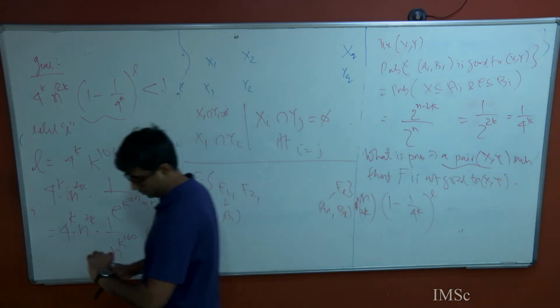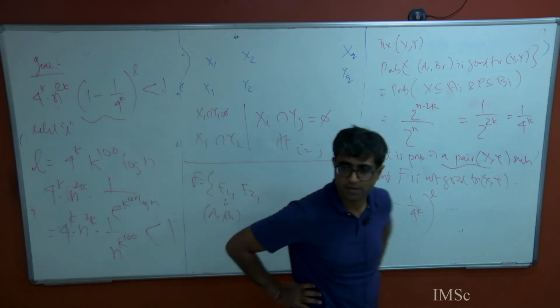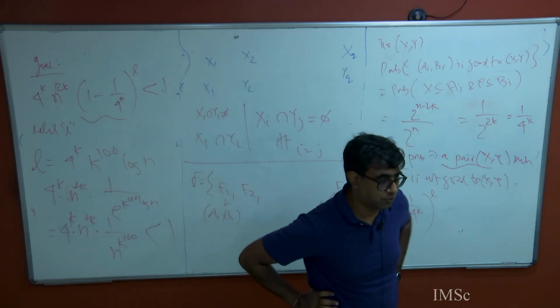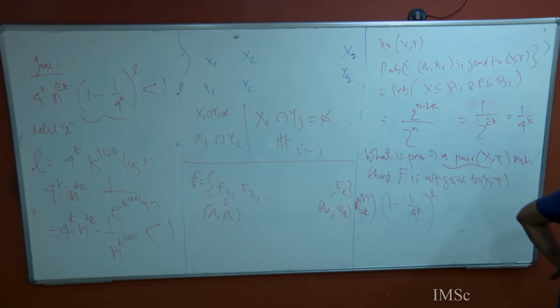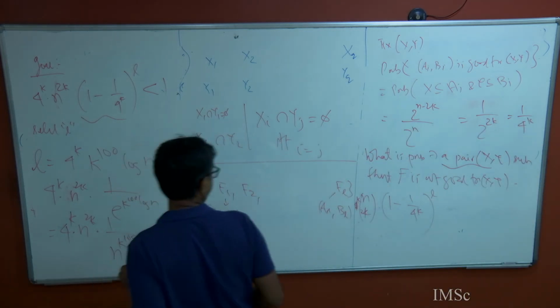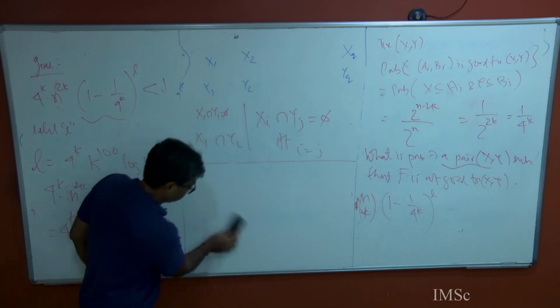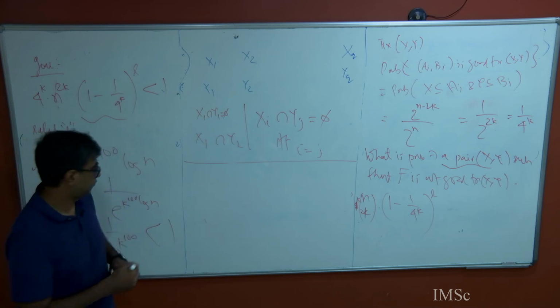Until then, if you have any questions, let's wait for a couple of minutes if anybody has a question. So, what we have shown up until now, let me at least write it down so that it remains in memory. What we have shown is the following. This is a lemma.